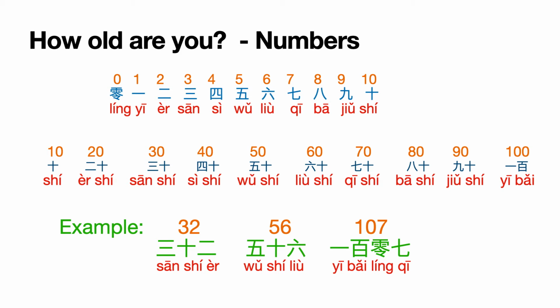So we're going to learn numbers, or how to say your age in Chinese. 0 is 零. And I hope you still remember the numbers 1 to 10 in Chinese.